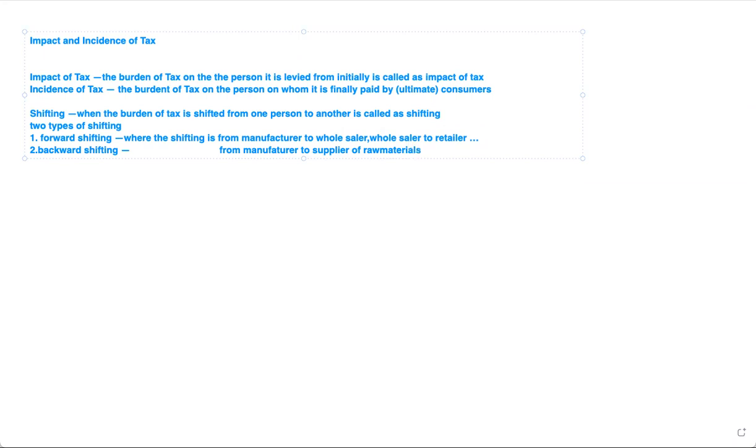Plus, a retailer will shift it, all the intermediaries, they will keep passing it behind, right? Any doubts? No, ma'am. This is what is called backward shifting.